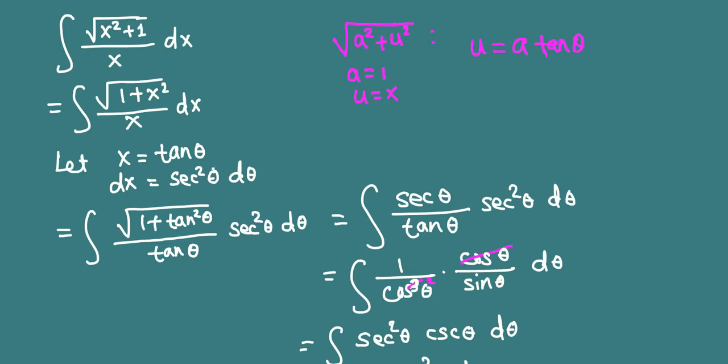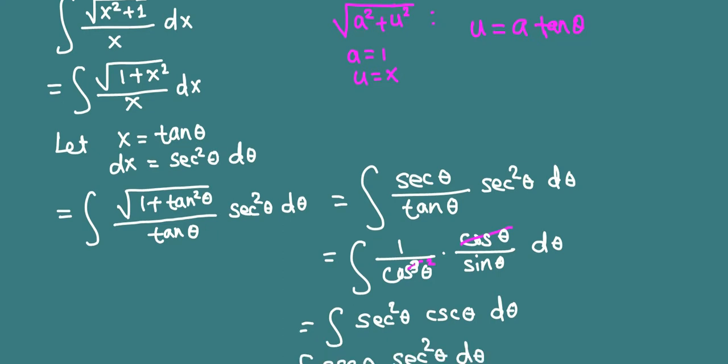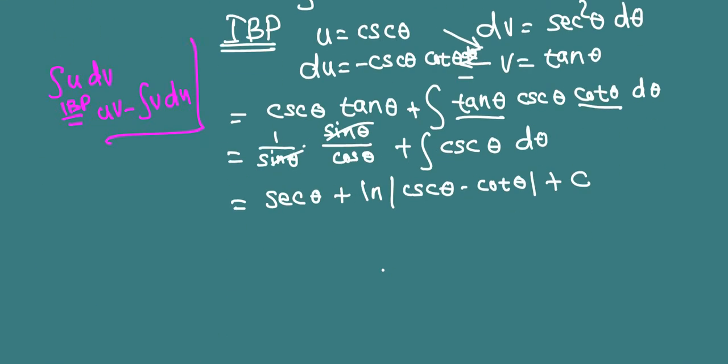x equals tangent theta was our substitution. So we are going to use x equals tangent theta to convert this answer in terms of x. Tangent theta is x, meaning x over 1. So let's draw a right triangle with angle theta.